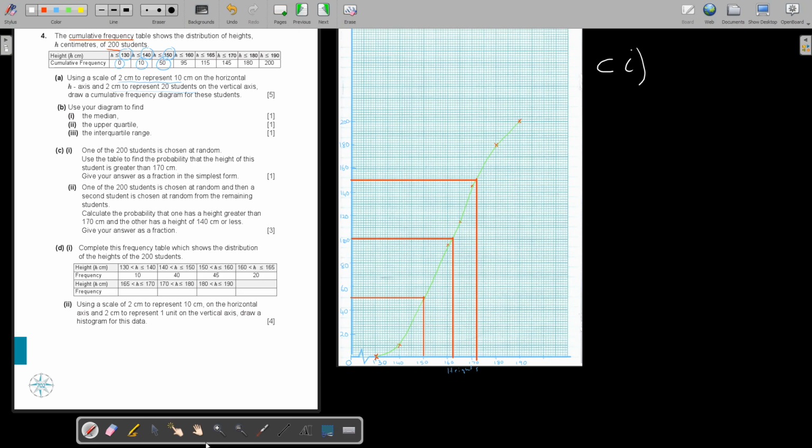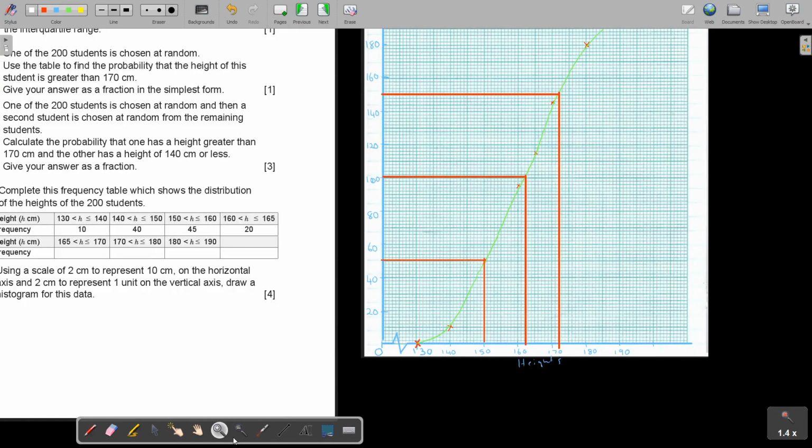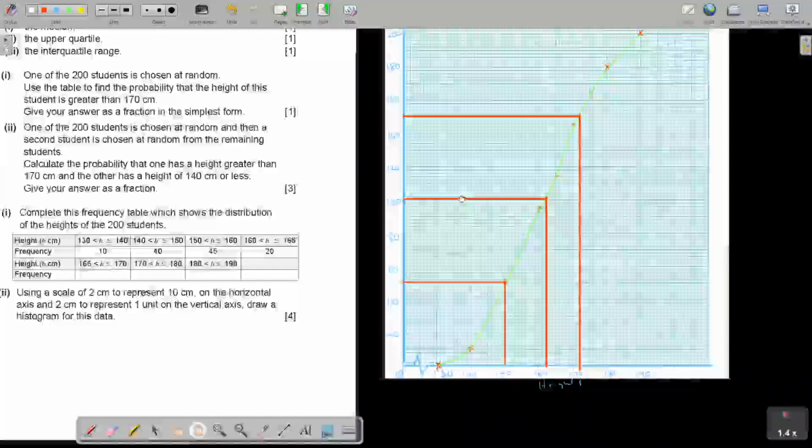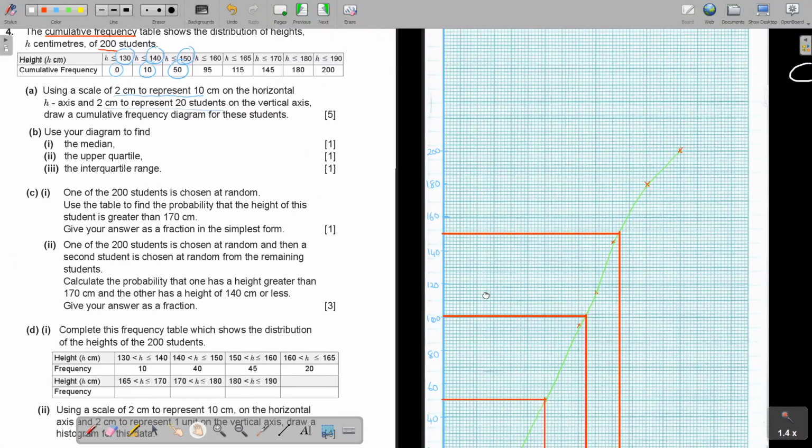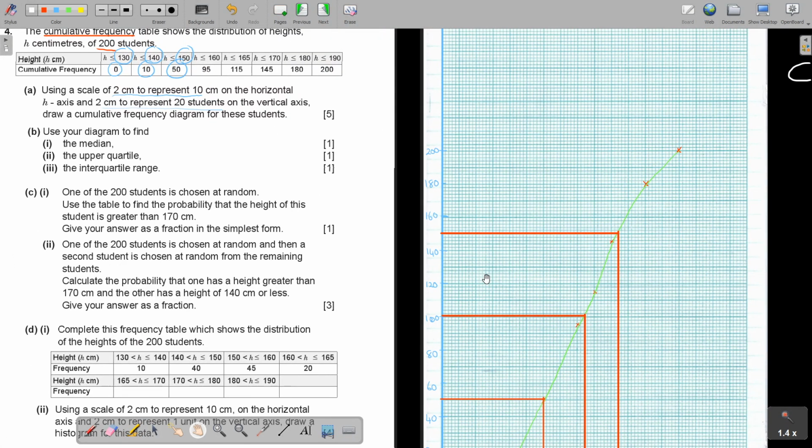Now, I first have to see where is 170 on the table. Okay, greater. So that greater will only represent this. Okay. Just let me take another color. So this greater, greater than 170.